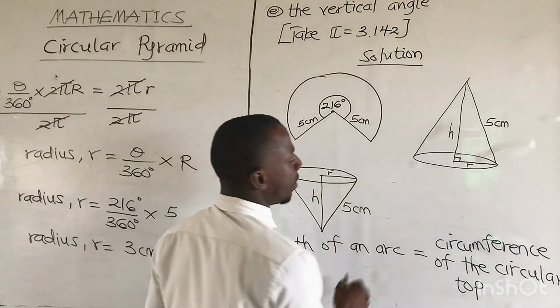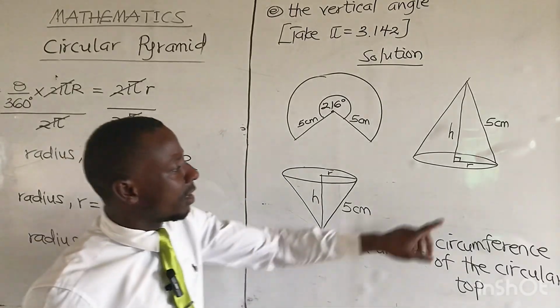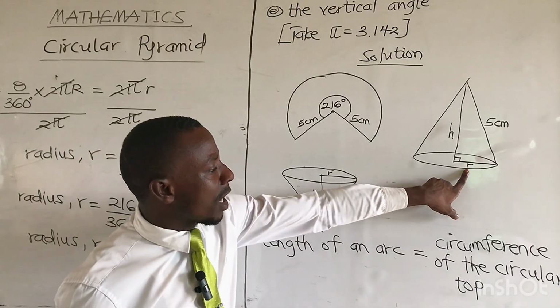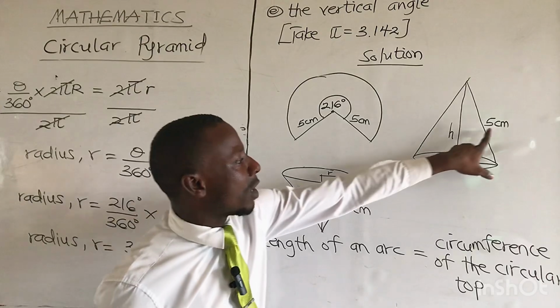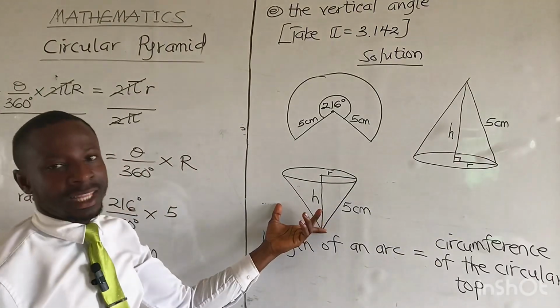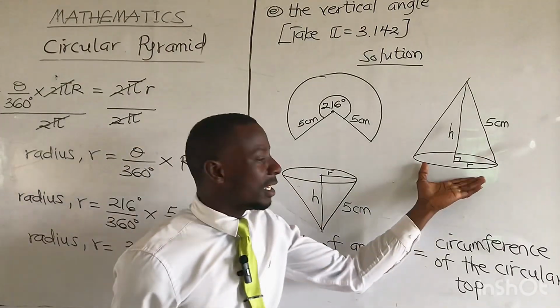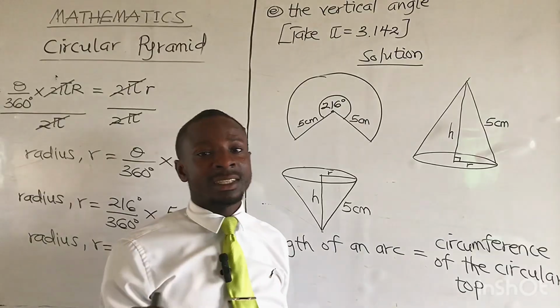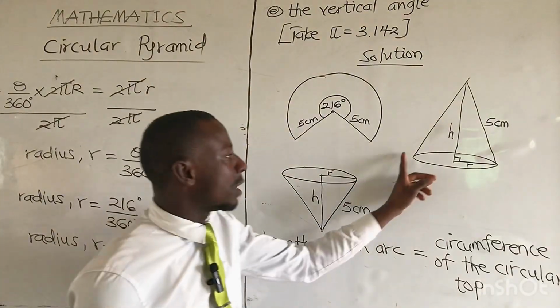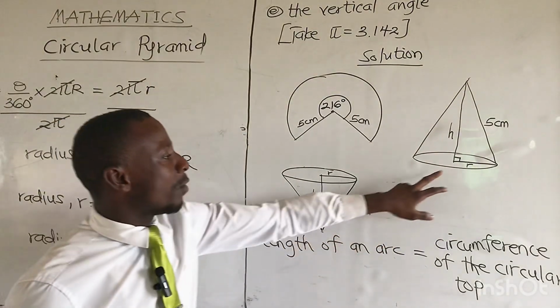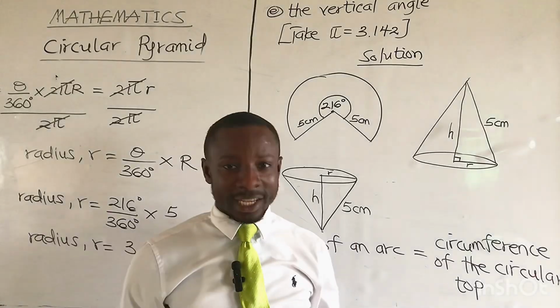So here we have a right angled triangle. So viewers, here we have the radius, we have the height, we have the 5 centimeters, just like this. Because the question said the base circle. I wanted to draw this so that you don't get confused.